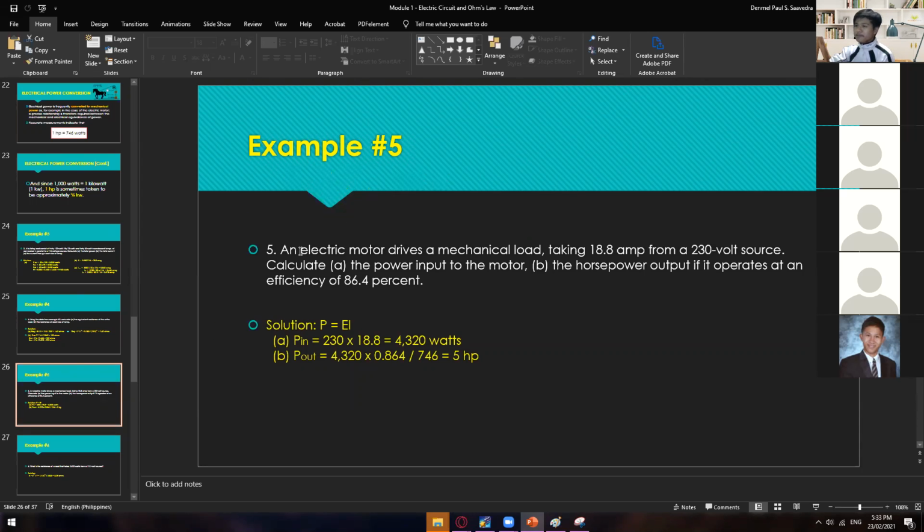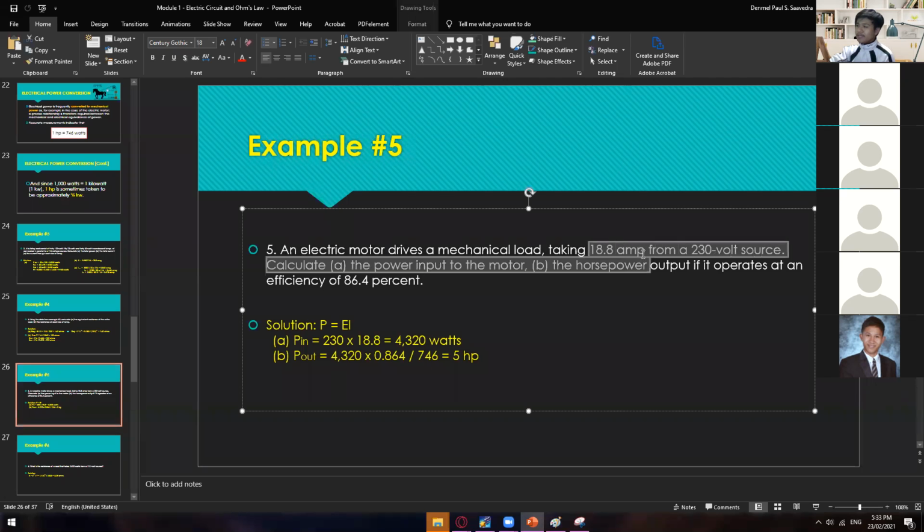Example number 5: an electric motor drives a mechanical load taking 18.8 amps from a voltage source of 230. We have two questions. Calculate the power input to the motor, and letter B, calculate the horsepower output if it operates at an efficiency of 86.4%. First, the power.